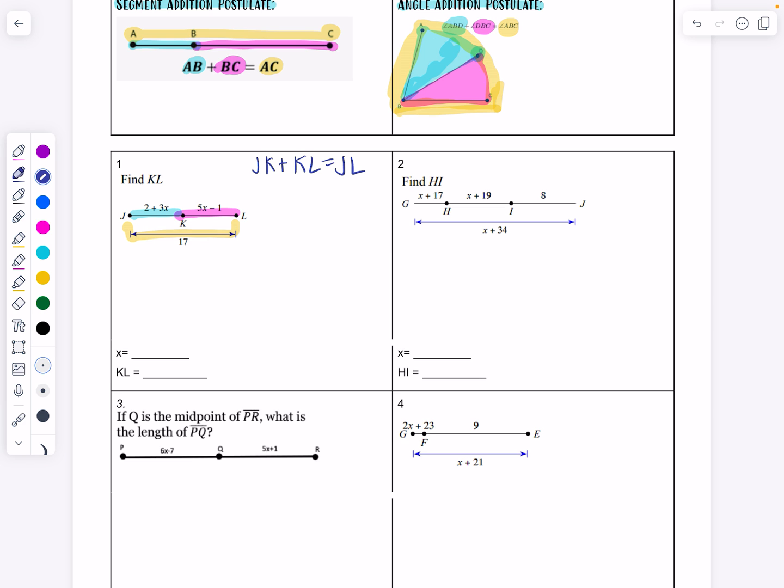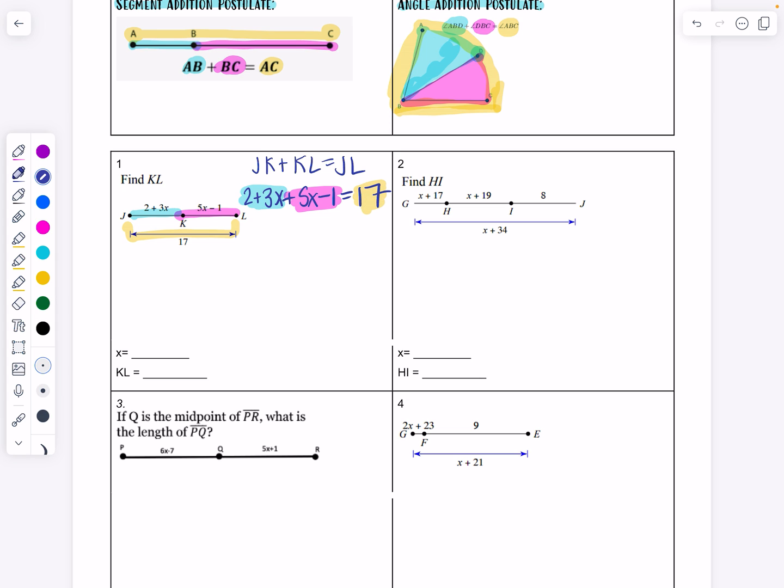That's what our segment addition postulate says. But now we're going to actually plug in our expressions. So 2 plus 3x plus 5x minus 1 is going to be equal to 17. So I'm going to color code that. Blue, this part, plus the pink, this part, adds up to the whole, which is 17.